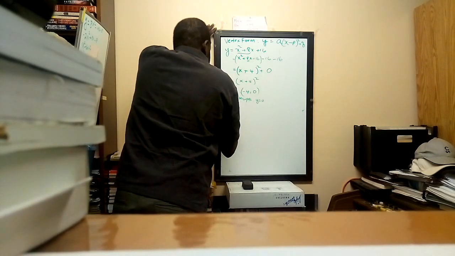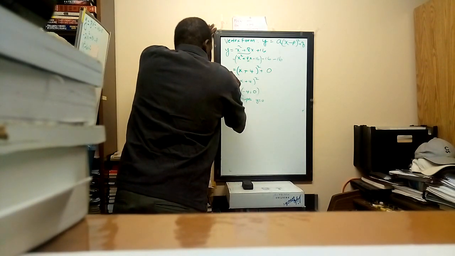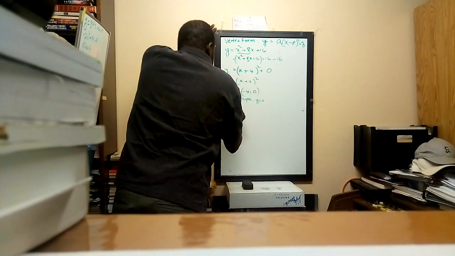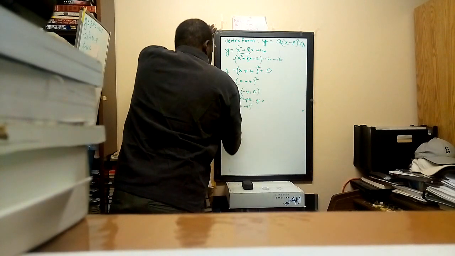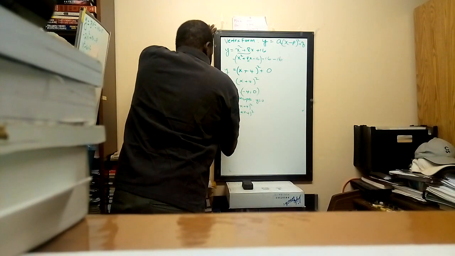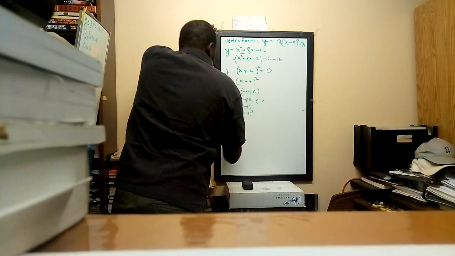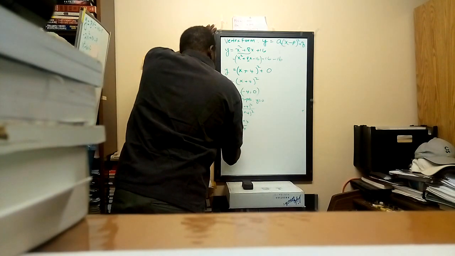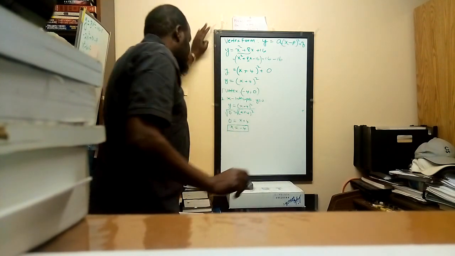Take our equation: y equal (x plus 4) squared. Y equals 0. We would have (x plus 4) squared equals 0. Take the root of both sides. The root of 0 is 0. We have x plus 4 equals 0. Our x here is negative 4. We have only one x-intercept.